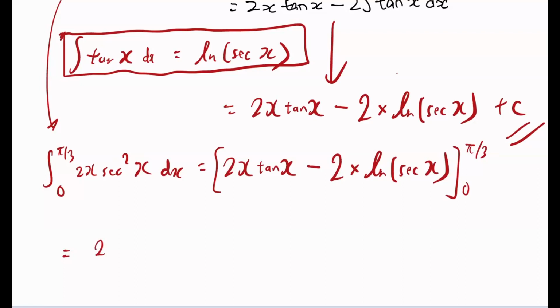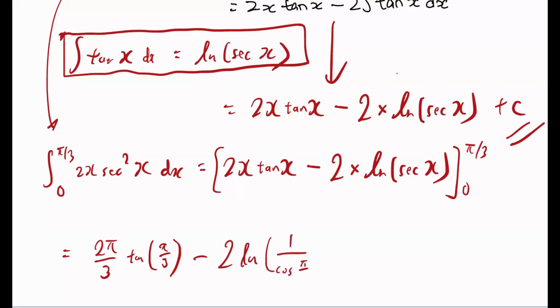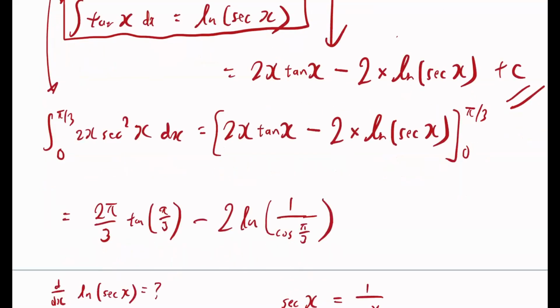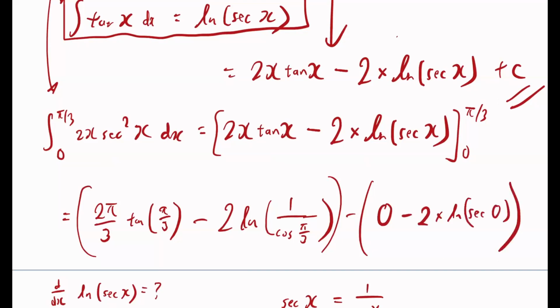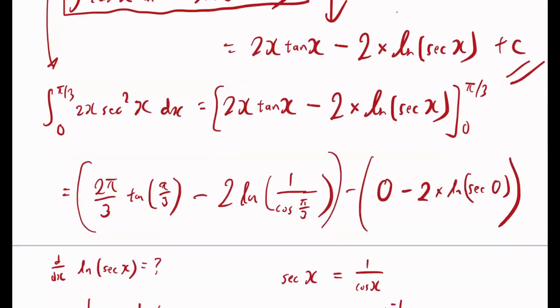So that means you get 2 times pi over 3 times the tangent of pi over 3, minus 2 times the ln of secant x, which is 1 over cosine of pi over 3. That's the first part. Minus, sub in with 0. You get 0 minus 2 times ln of secant 0. What is secant 0? 1 over cosine 0, which is 1.